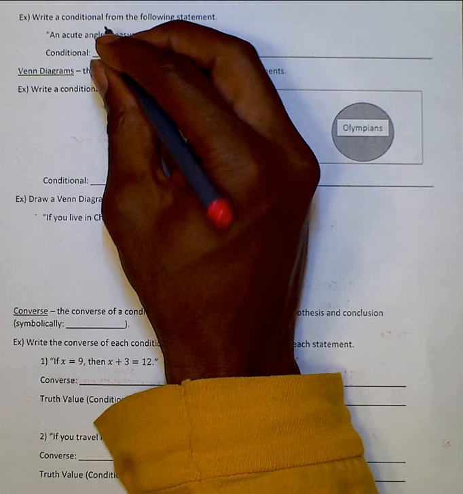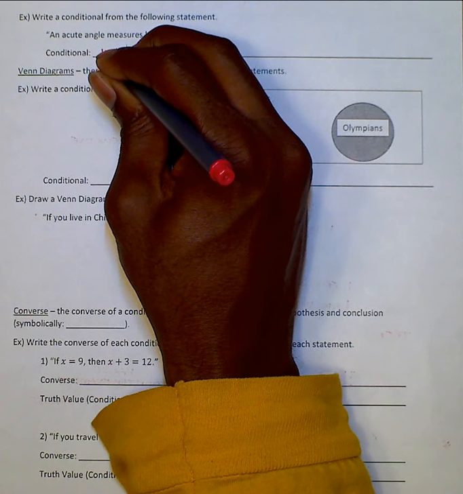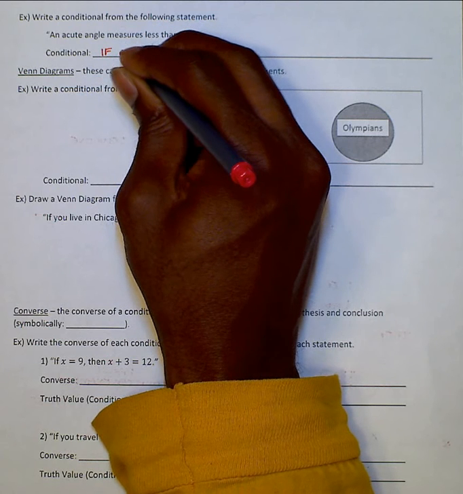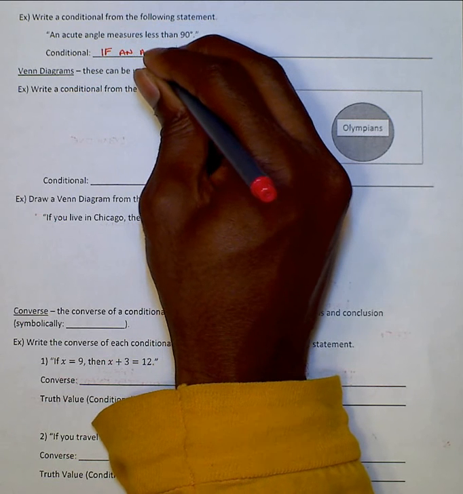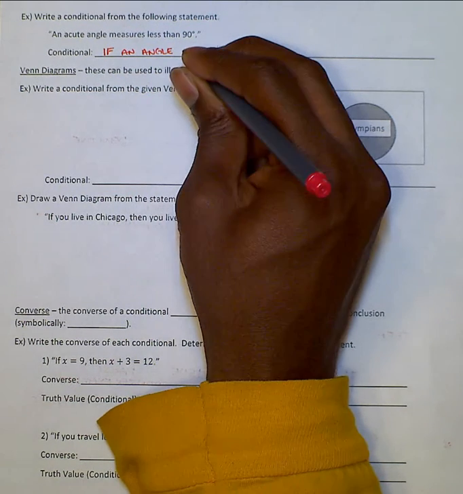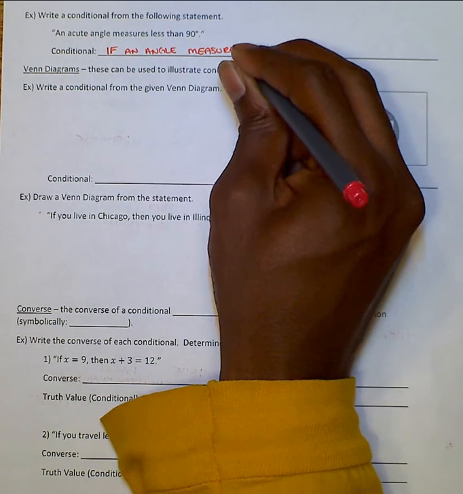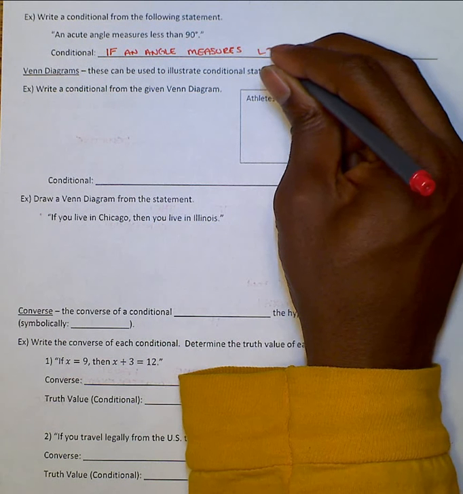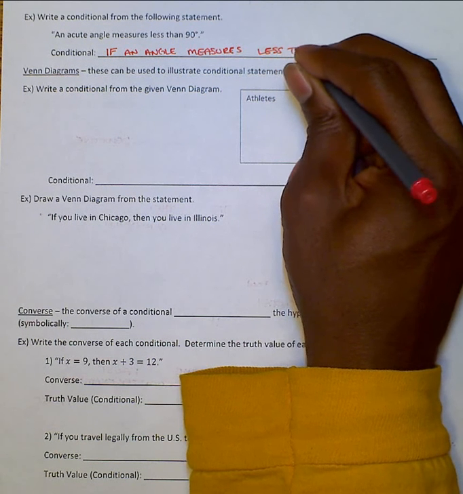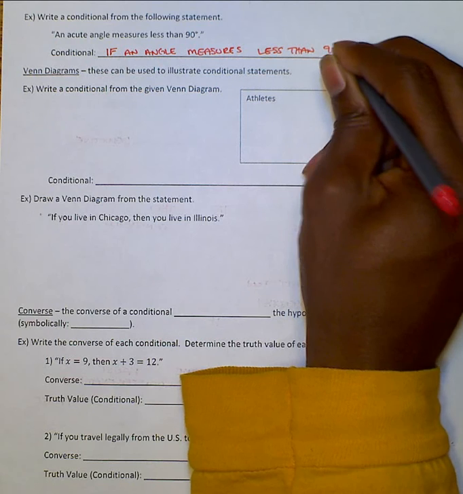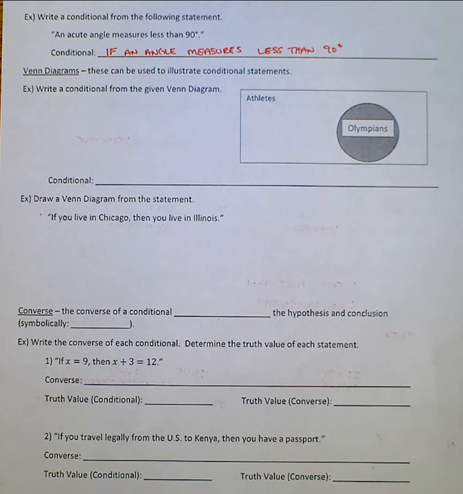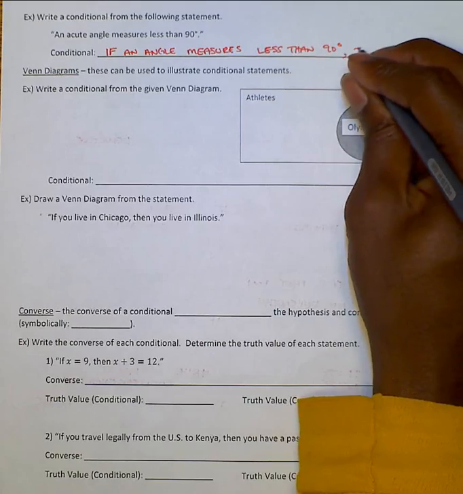I'll start and say, if an angle measures less than 90 degrees, then it's acute.